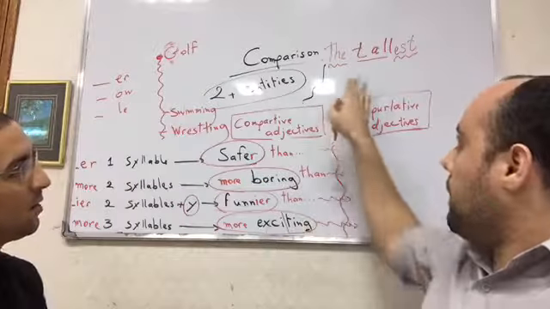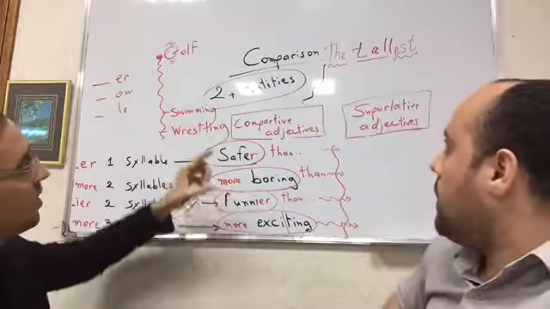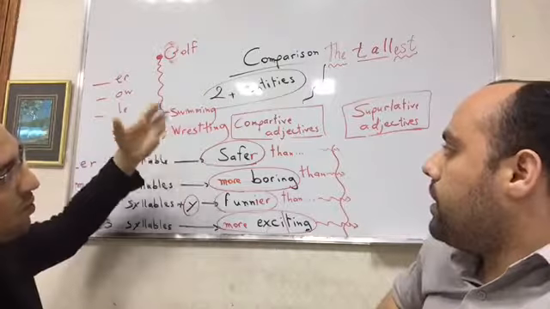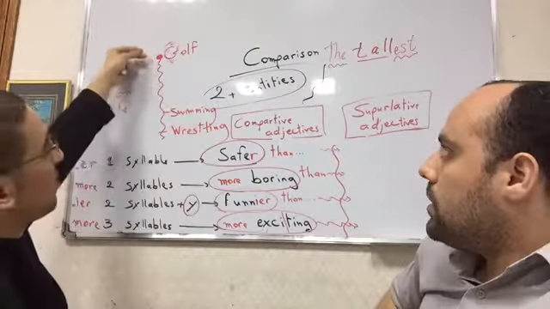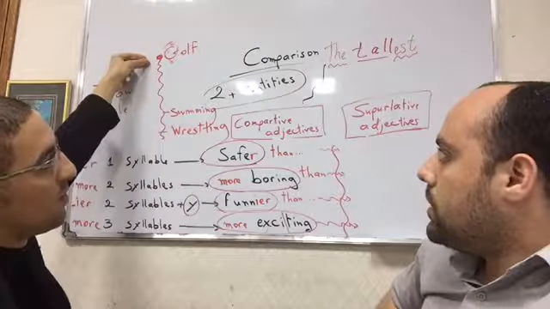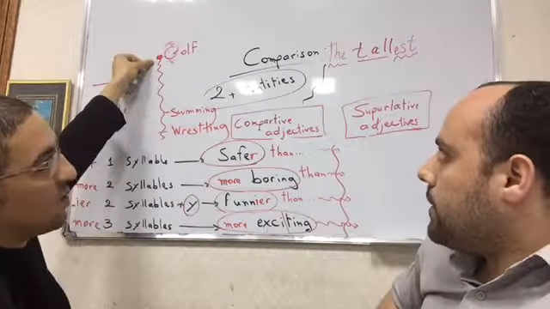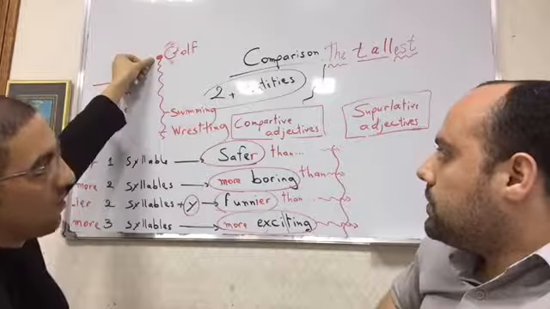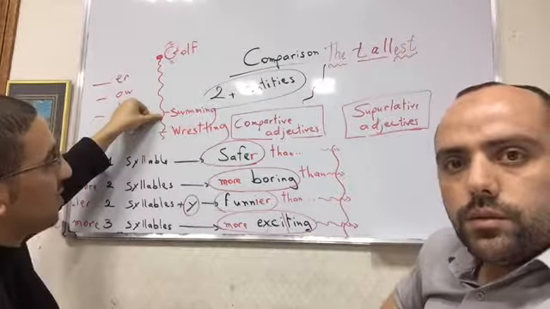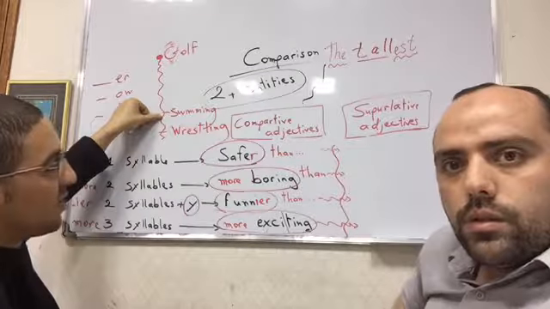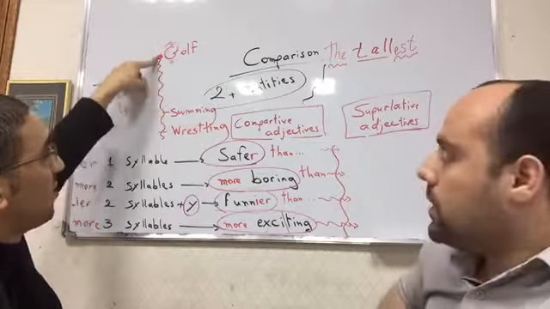Just one thing. When we're talking about the tallest or the highest or the safest, what we're concerned with is the top, the highest point of the chart. We don't talk about the others. You cannot say here that swimming is the safest sport, because now we're talking about the highest point.